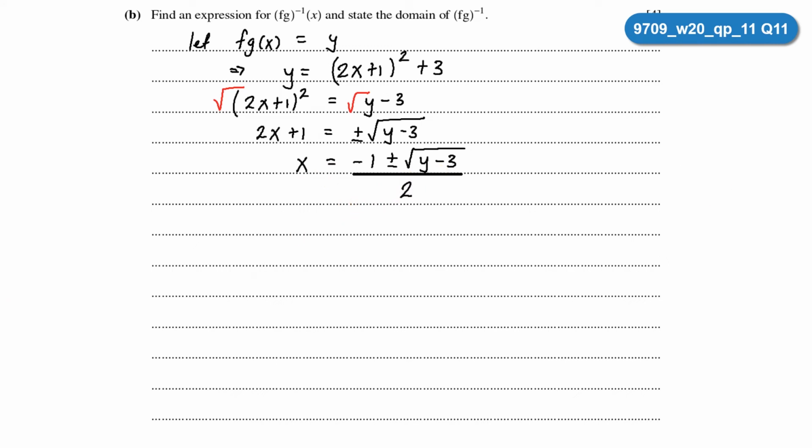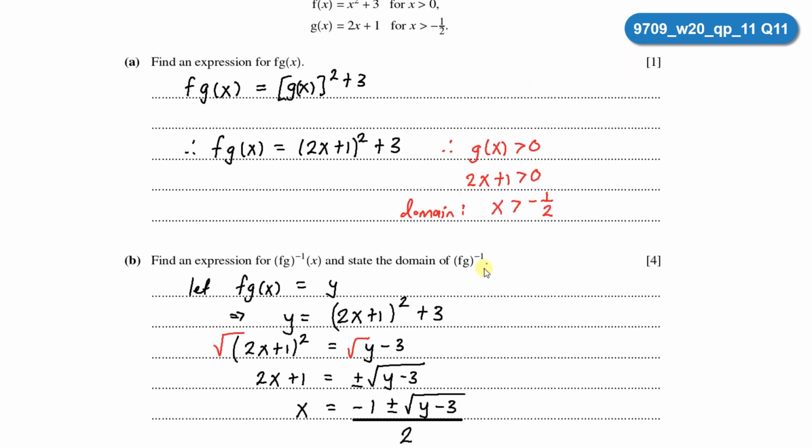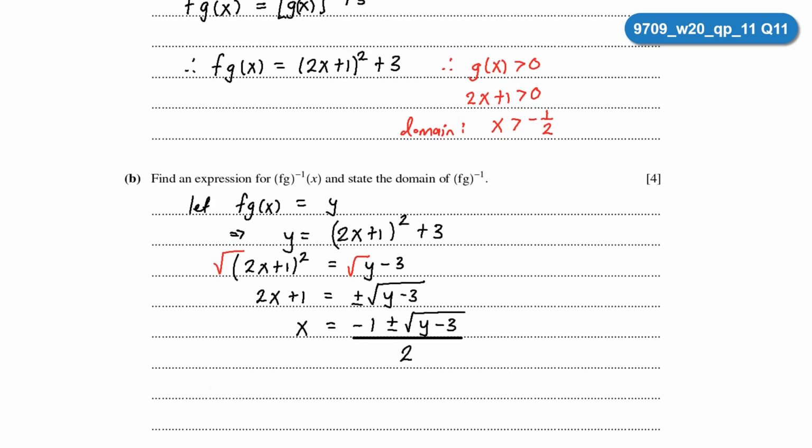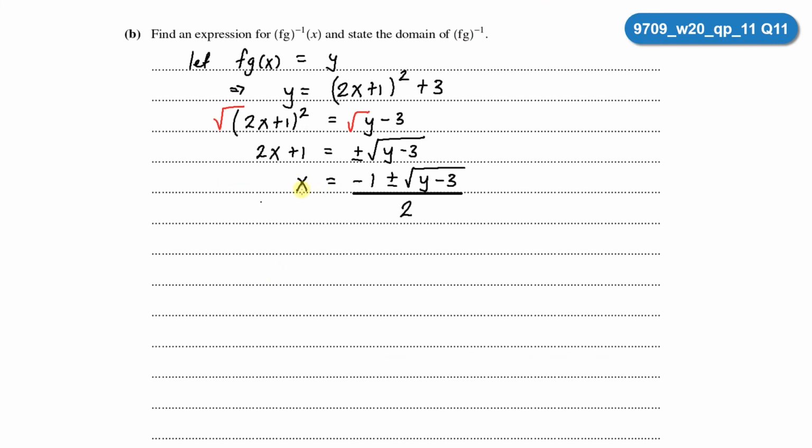Now, I would want you to notice that the function fg is restricted to the domain which is to the right of the axis of symmetry, which is x is greater than minus a half. This means that we are going to take x is equal to minus 1 plus the square root of y minus 3 all over 2 for that reason, since x should be greater than minus a half.